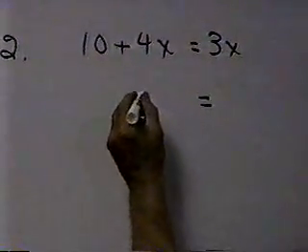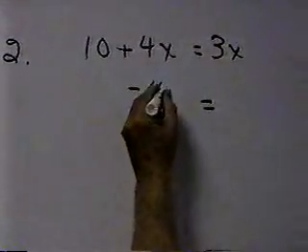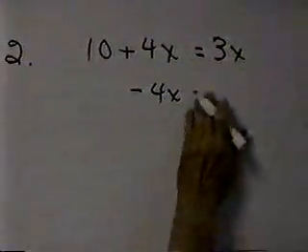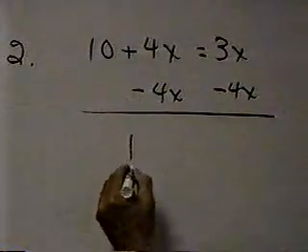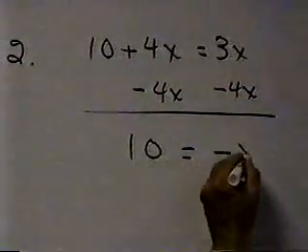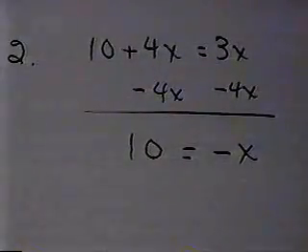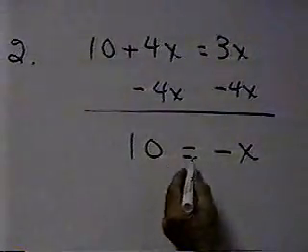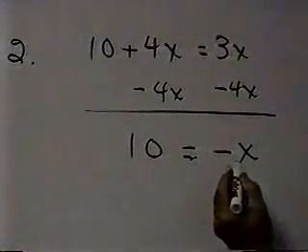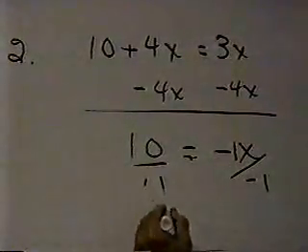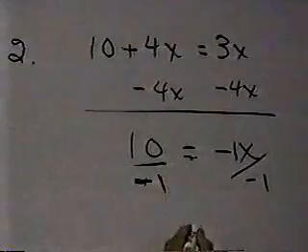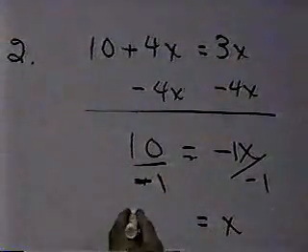So therefore, we're going to subtract the 4x from both sides. And adding here we get 10, and adding here we get a minus x. Now then, solving for x, this is a minus 1, so we divide by minus 1, and we get x is equal to minus 10.